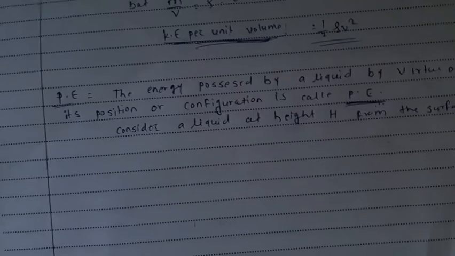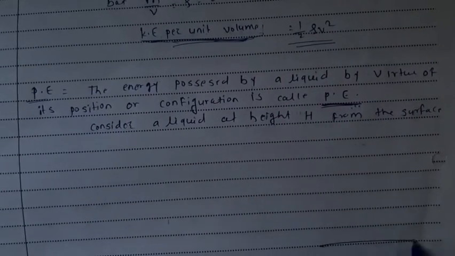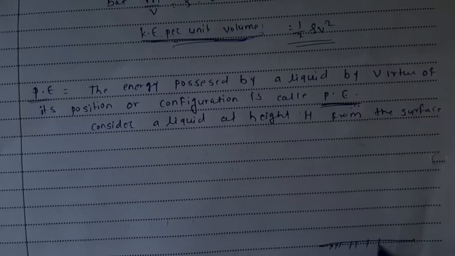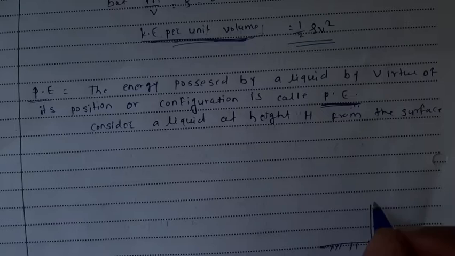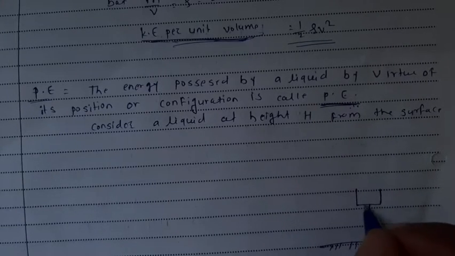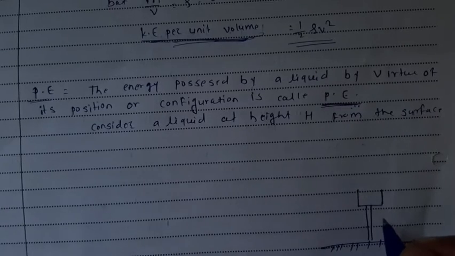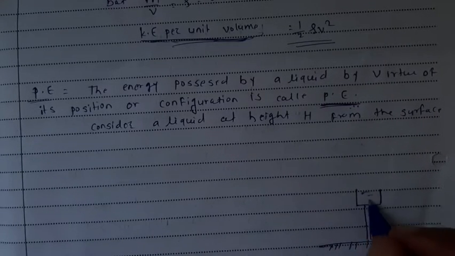Now see, if I set my reference zero at the surface of the earth, let us say potential energy is zero, then suppose the liquid is at this point, whose distance from this surface is h.